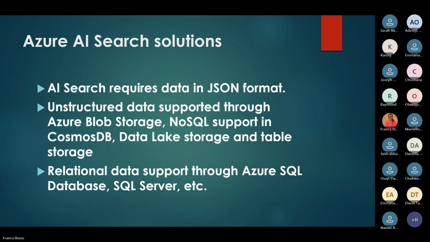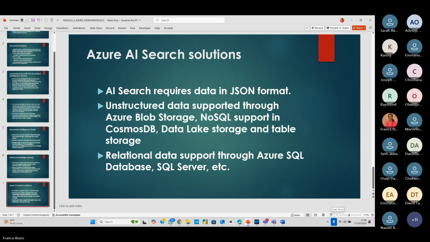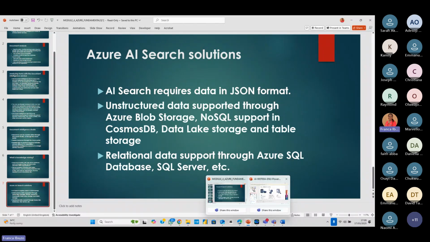We saw the structured data, which is supported by these storages: Azure Blob Storage, NoSQL supported in Cosmos DB, Data Lake Storage, and Table Storage. Then relational data is supported through Azure SQL Database and SQL Server.